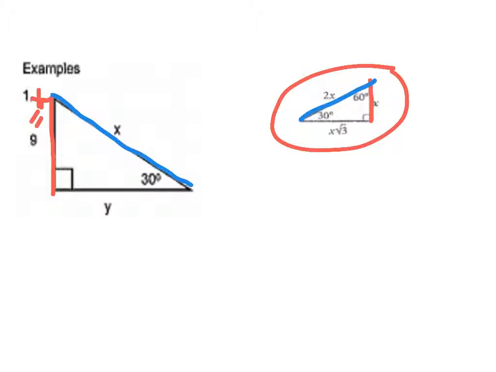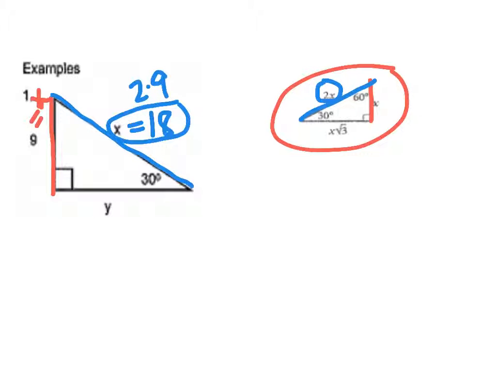The hypotenuse is 2 times x, so 2 times the short side. If I come over here, that should be 2 times 9, since 9 is the short side. So the hypotenuse is 18.